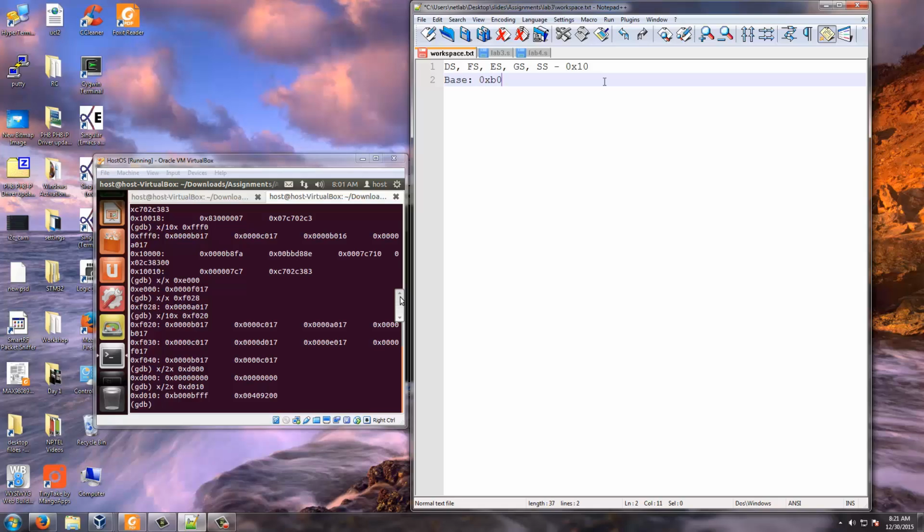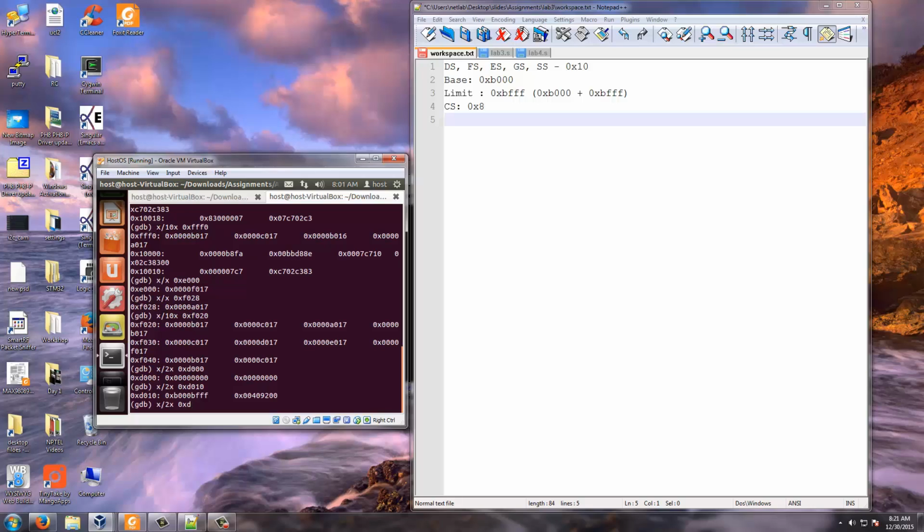So here the base is B1000 for this, and limit is 0xBFF. That means 0xB1000 plus 0xBFF. It's a large limit that you have put here. And your code segment is pointing to 0x8.